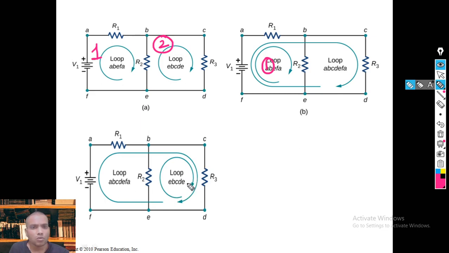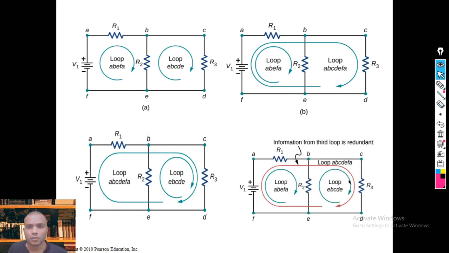So these 2 loops will cover all the components. These 3 diagrams cover all the components in the 2 loops. There is one more possibility to consider.